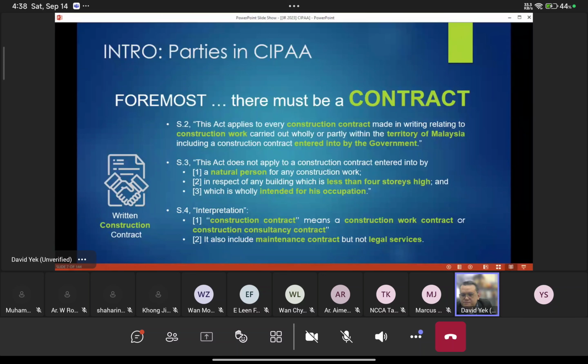I've not seen this kind of case before. Perhaps you can try, but the general consensus is that the natural person, less than 4 storeys high, and intended for its own occupation, these 3 things must exist before you can say that the Act does not apply. That is the official definition.